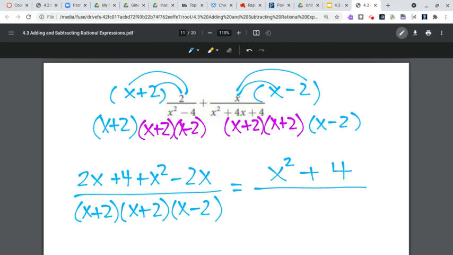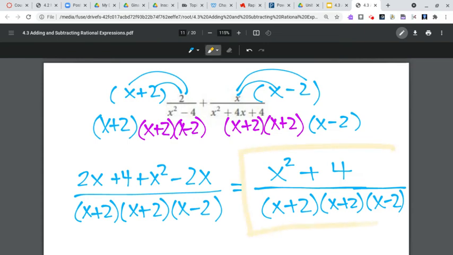And the denominator is going to be x plus 2 times x plus 2 times x minus 2. I am not able to factor the numerator. X squared plus 4 is prime. It's not factorable. Final answer is here.